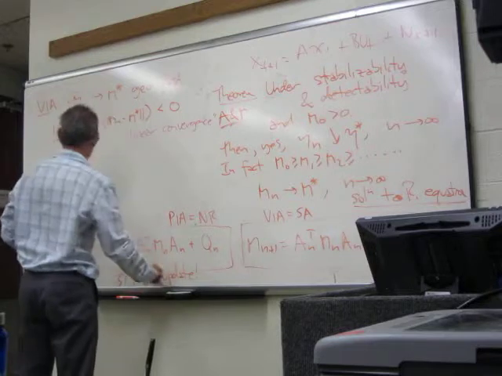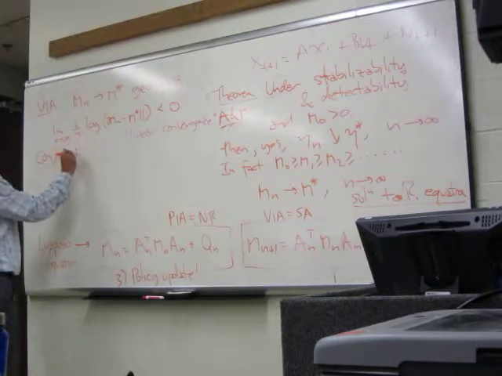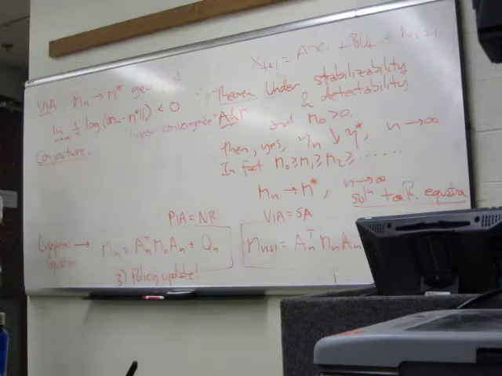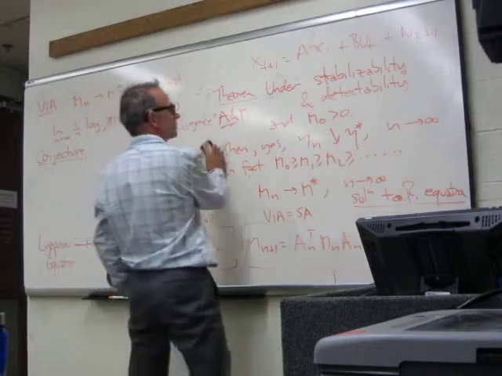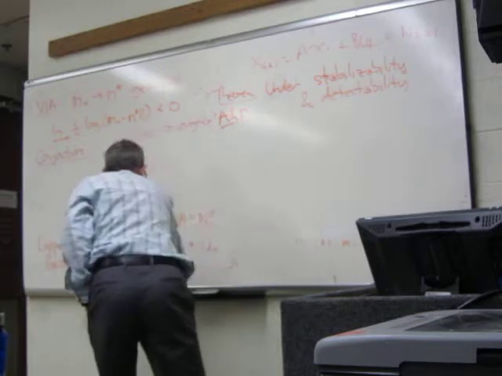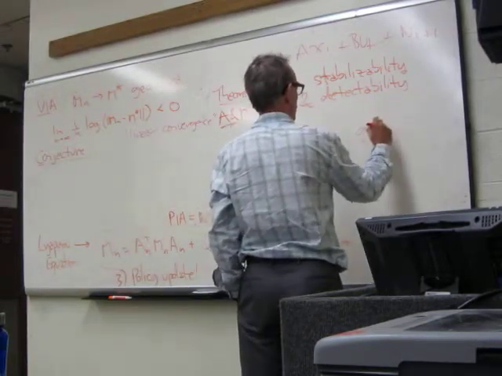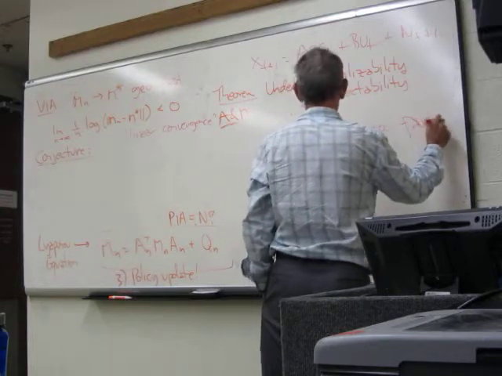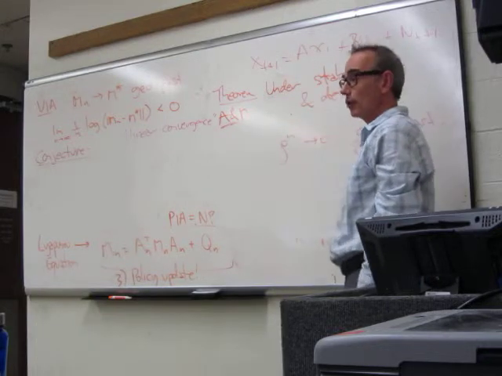Now, conjecture. I don't know why I've never done the work to actually prove this. I'm sure it's true. Why would you have taken the log? Because if I take rho to the n, that goes to zero geometrically fast.